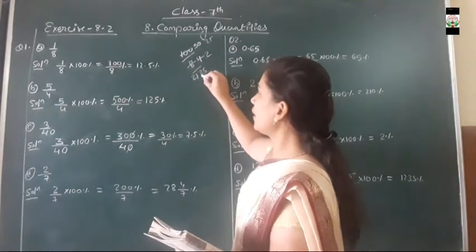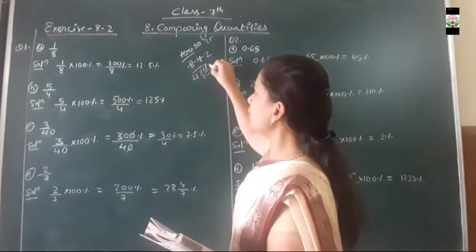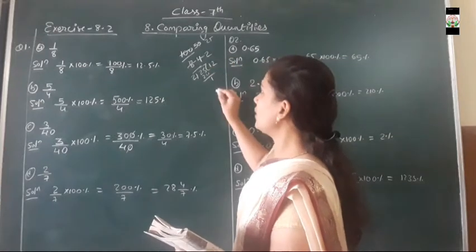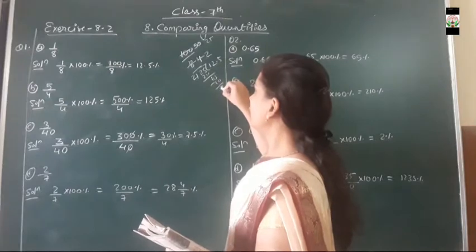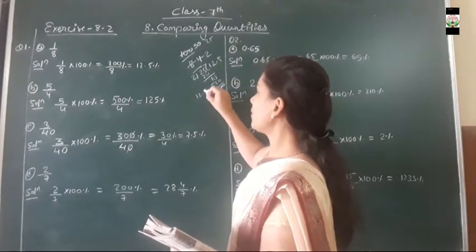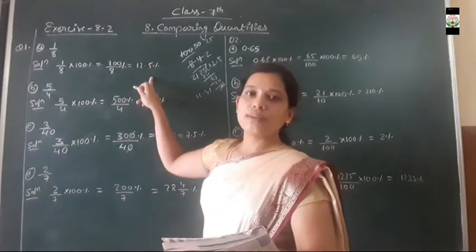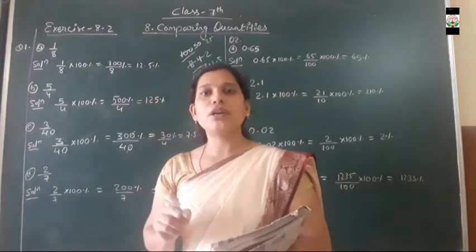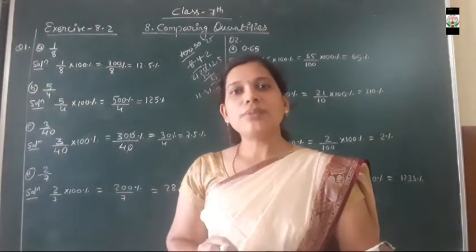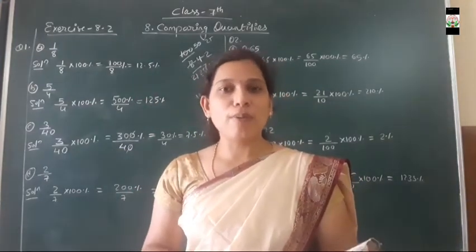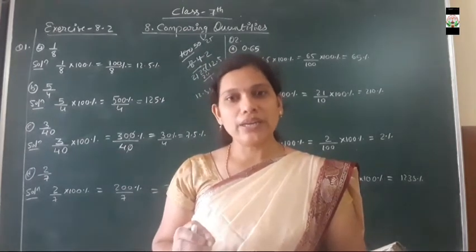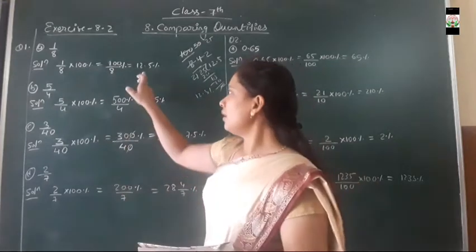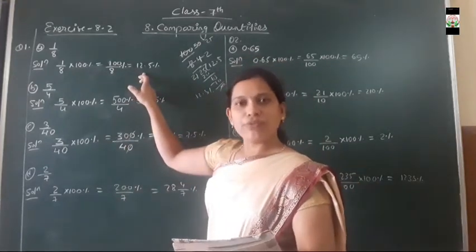You will get the required answer as 24 is coming 12 times in the table of 2. 1 is carried, so we can take a decimal in order to remove it. So what number is coming? That is 12.5, the required answer. That means the fraction 1 upon 8 we converted into the form of a percent. 1 upon 8 is multiplied by 100%, so that we get the required answer as 12.5%.